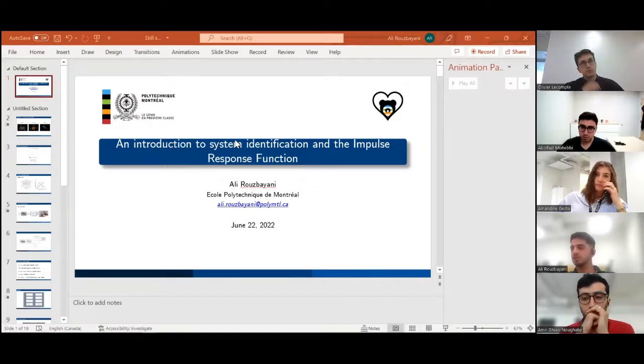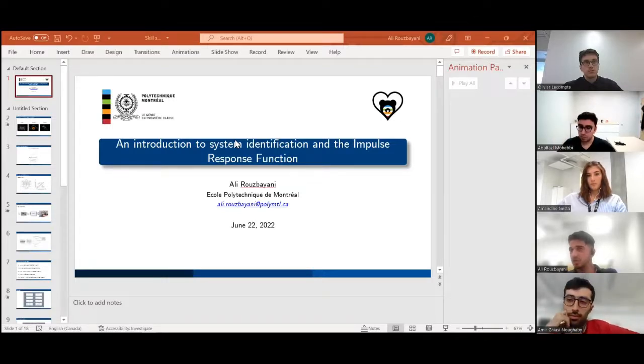All you do is you feed data to the algorithm, data-driven, and find the model. Also, another important distinction is that not the IRF, but a lot of other approaches in SysID are parametric. So you can use our prior knowledge of the system to design a model structure that correlates with the problem.